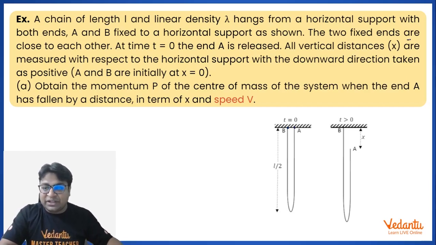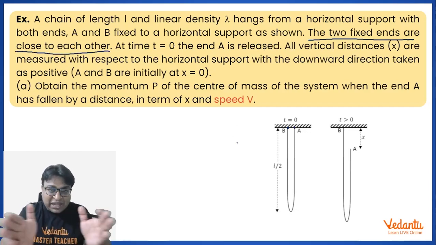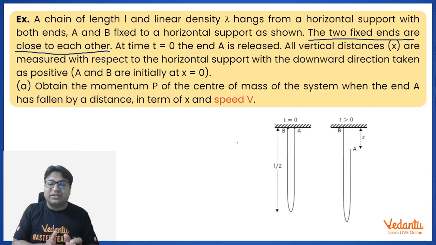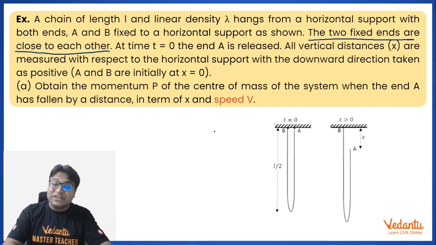This is a very important statement to mention in the question, because if these two ends are finitely distant from each other, if the distance is not negligible as compared to the length of the chain, then the physics of the question will change. It will not only be a mathematical change, the physics will change.